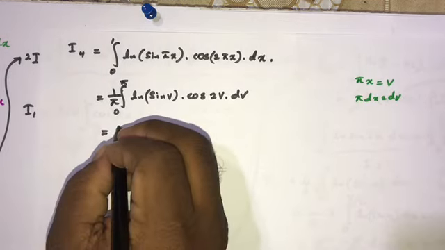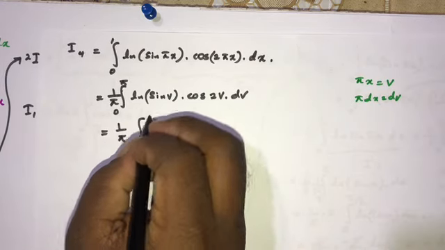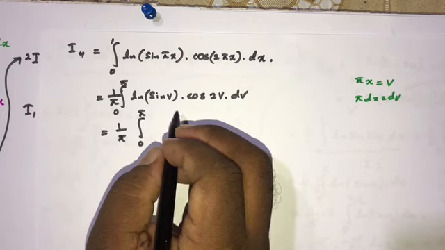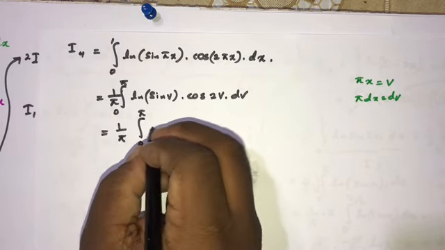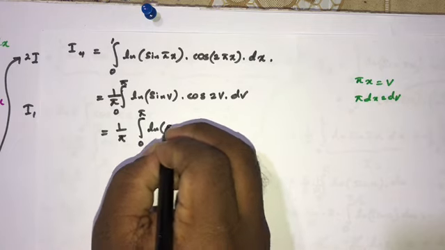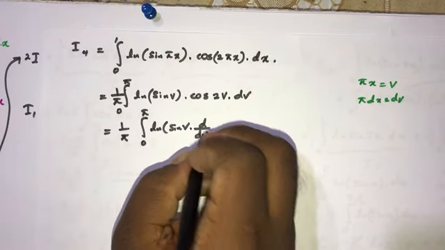So we can take here 1 over π, 0 to π. Now I'm going to take natural log of sine v as the first function u. So natural log of sine of v, now d by dv.